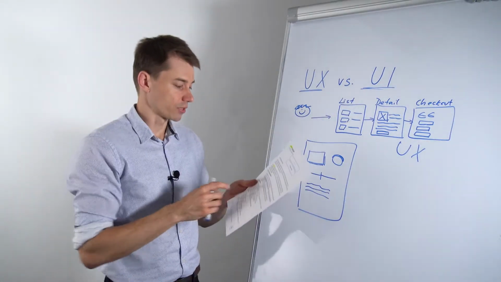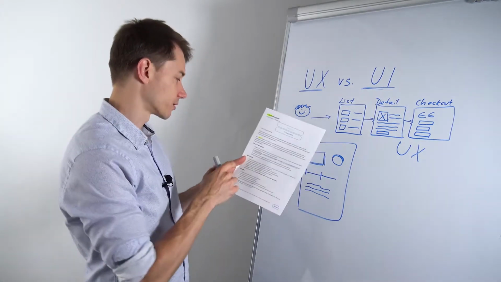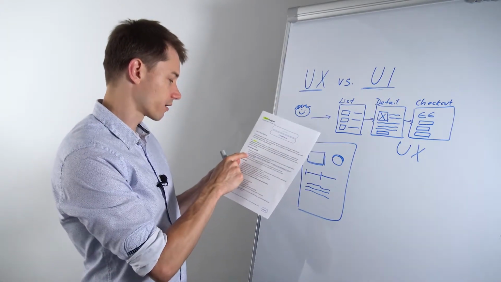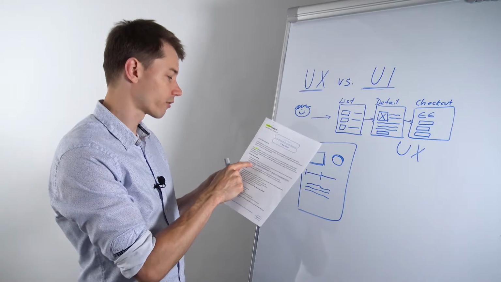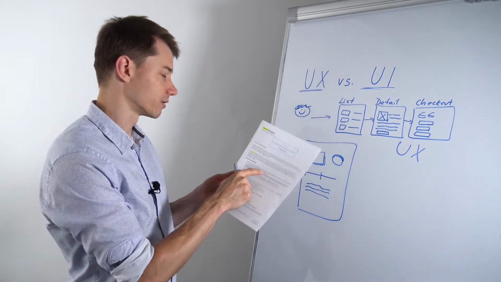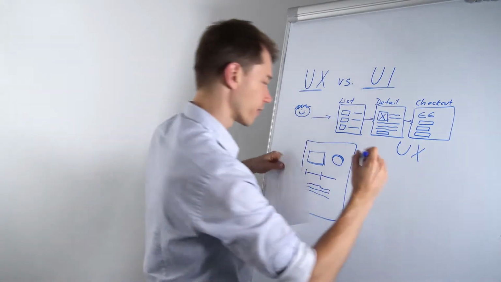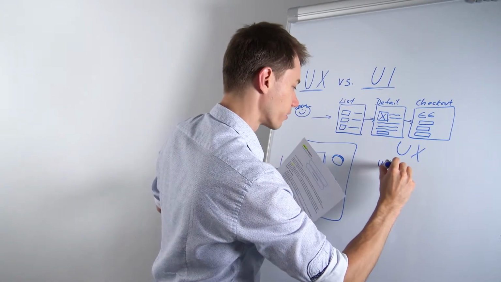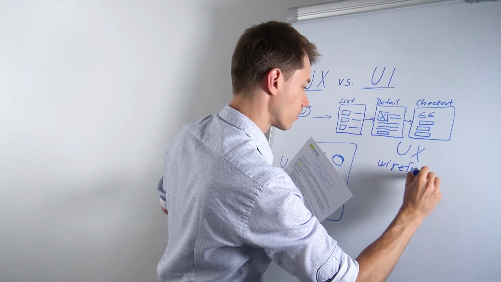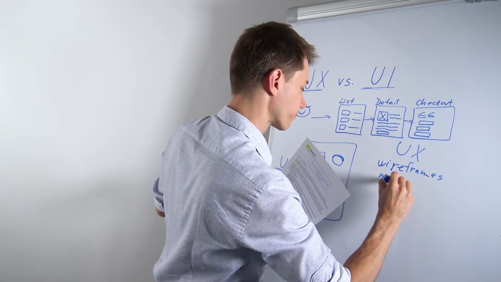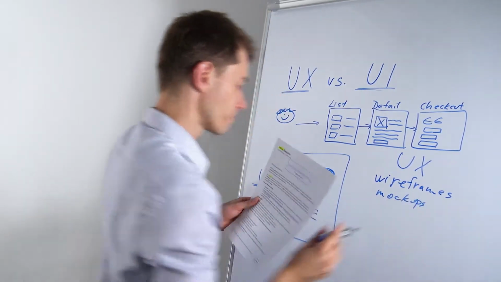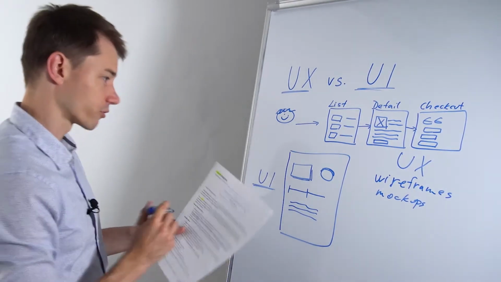So here it's also written in some of these responsibilities. The designer should develop wireframes, prototypes, and high fidelity mockups, which is precisely this. These are the wireframes, mockups, okay, and prototypes.